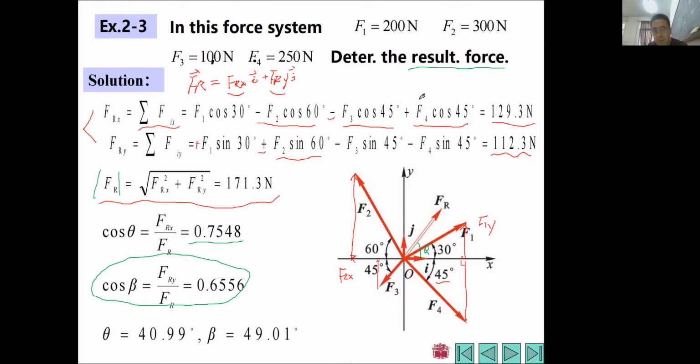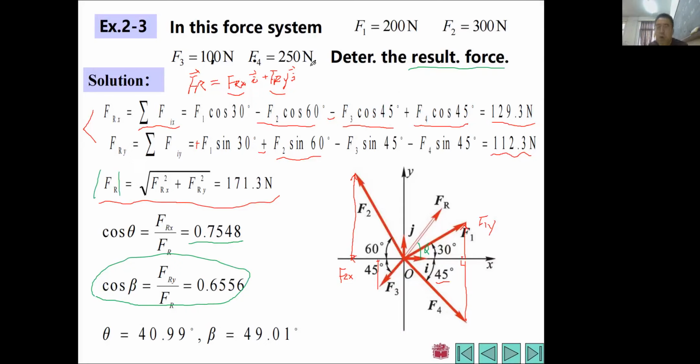The relationship between this resultant force and the original force system is that they have the same effect on the body or the body system. Can you guys understand me? That means this resultant force will have the same effect on the body or the body system.